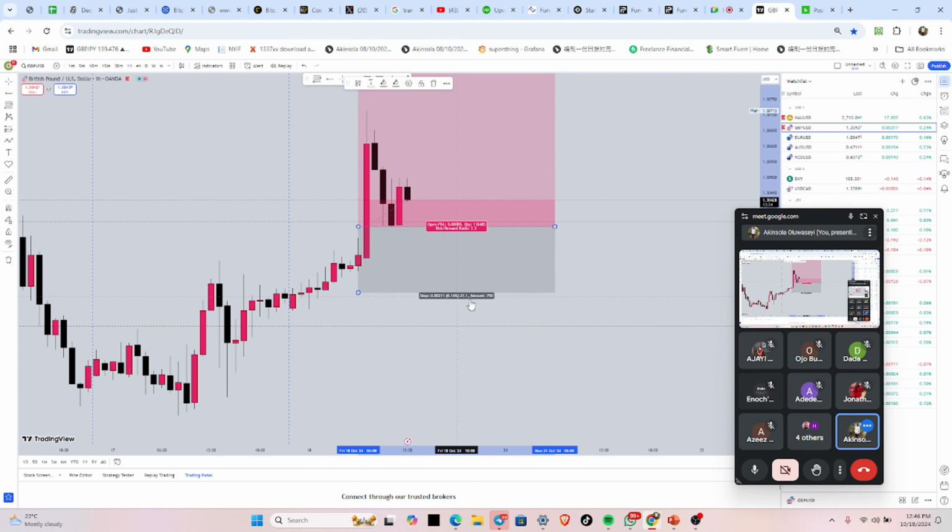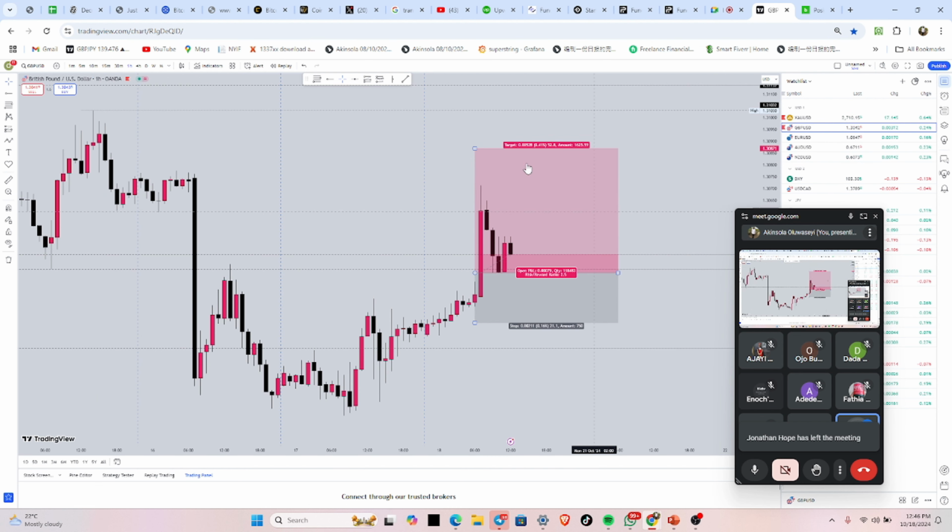That is my stop loss in pips. So it means I'm risking 21.1 pips on this trade to gain 52.8 pips in return. So as a normal trader, is that reasonable enough or not? Yes, it is.